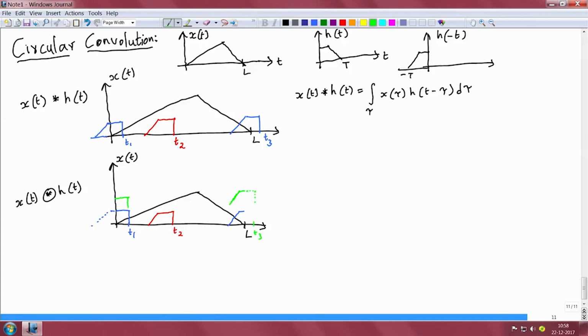Here another thing that we can see is this is the same as repeating this particular x of t signal periodically at intervals L, and performing the same linear convolution operation.